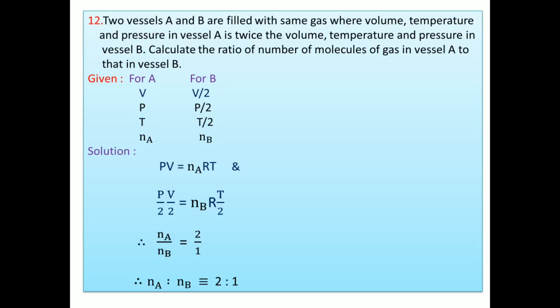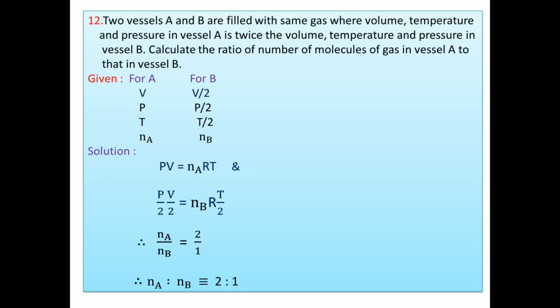Then you know the gas equation. For vessel A, PV equals N A RT. Just write down the answer. And for case 2, vessel B, pressure is P by 2, volume is V by 2, equals N B R T by 2.